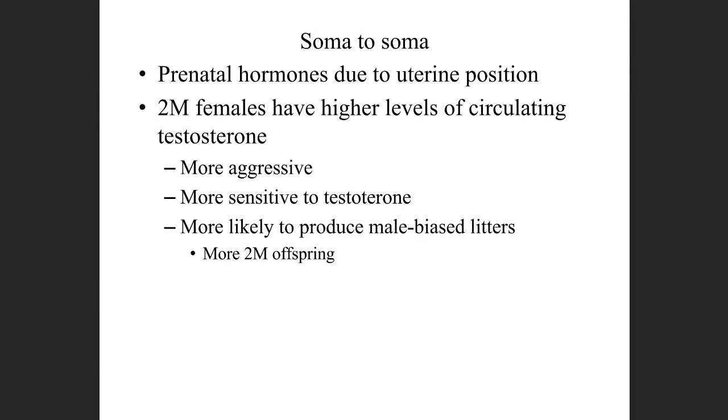They're more aggressive. They disperse farther before settling. They're more responsive to testosterone, and they're more likely to produce male-biased litters. So there'll be more 2M offspring, which sort of increases that. In contrast, females surrounded by female embryos are going to have more female-biased litters. So these effects end up being somewhat inherited.